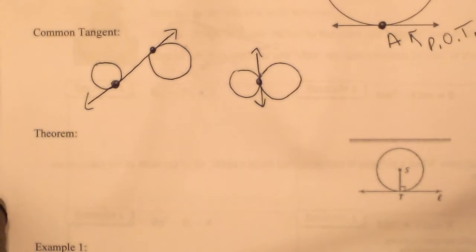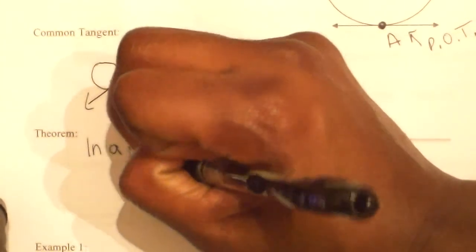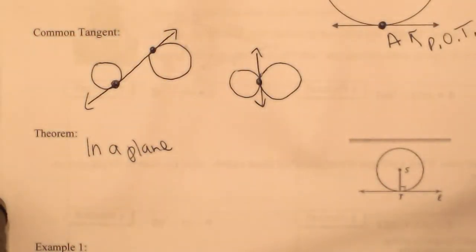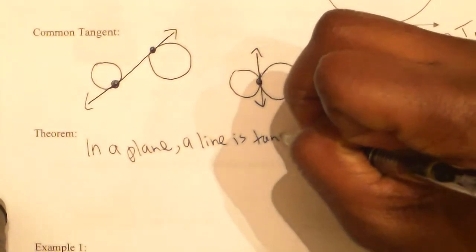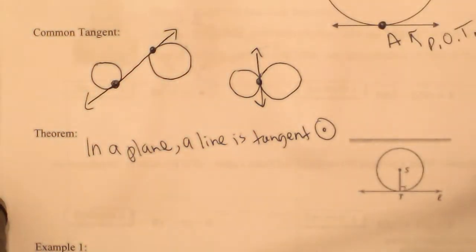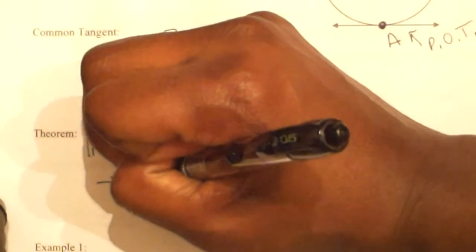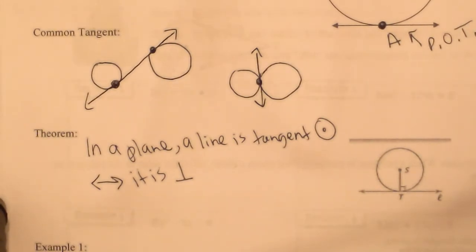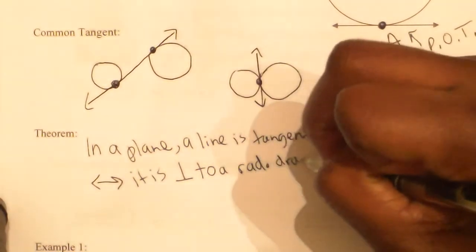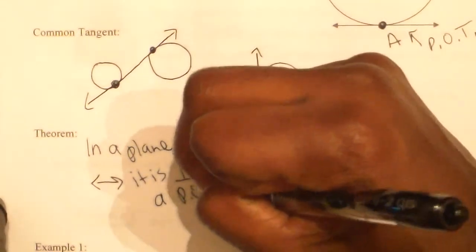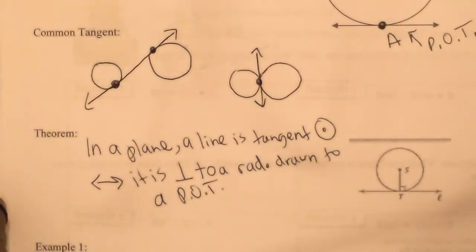Got it? The first theorem says, in a plane, a line is tangent to a circle if and only if it is perpendicular to a radius drawn to the point of tangency.